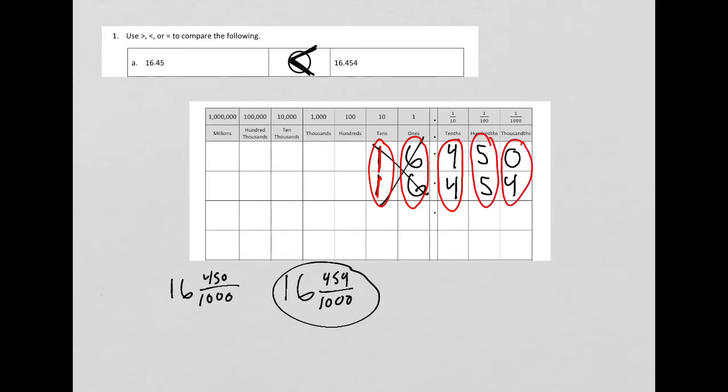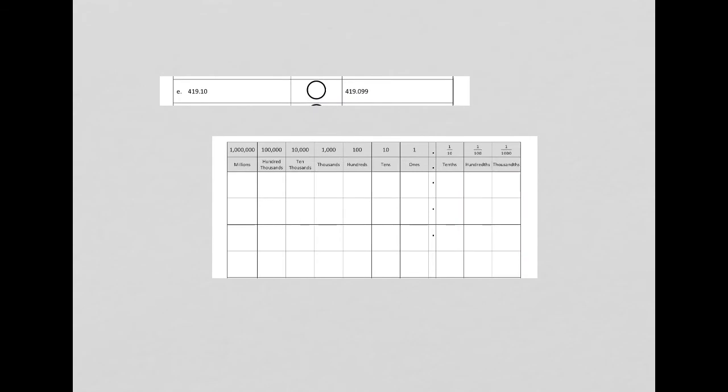Thousandths is where it's different, 4 and 0. 4 is bigger, so that means this number is bigger. So we hit the first column where there's a difference, and the bigger number wins. So 16.454, or 16 and 454 thousandths, is bigger. So this is correct.